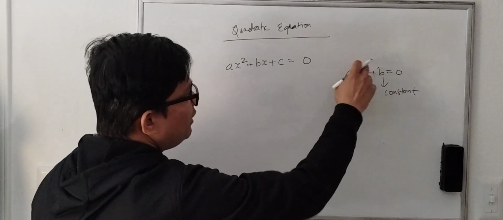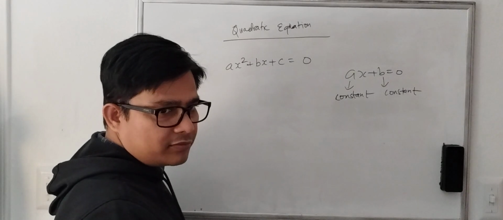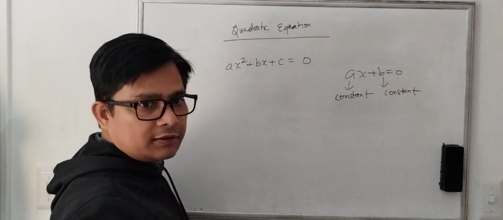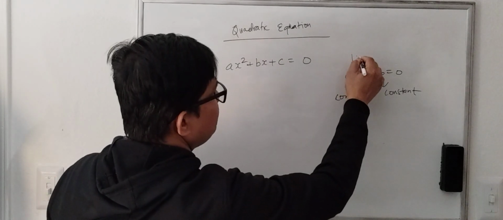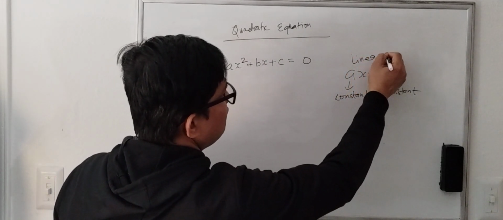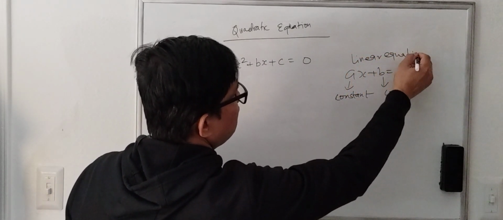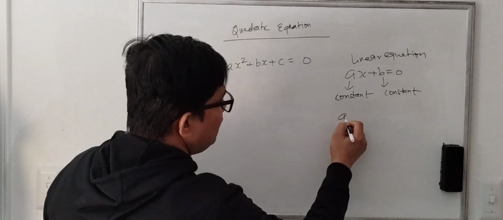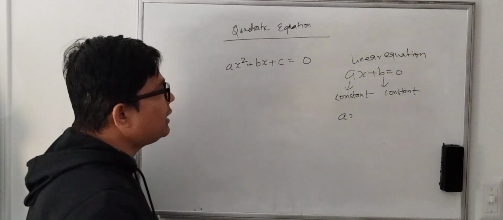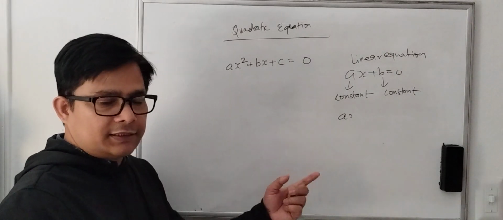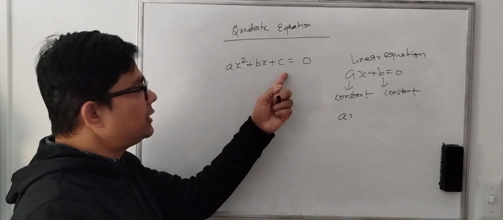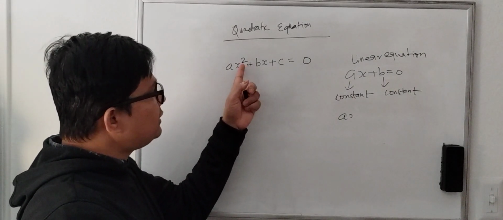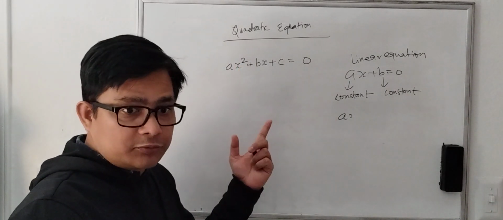And if you see the power here, the exponent, the maximum exponent was 1. So that's why this was the linear equation, okay? Linear equation. Now, if we have something like ax squared plus bx plus c, here again a, b, c are coefficients which are real numbers, and x has exponent or power 2.